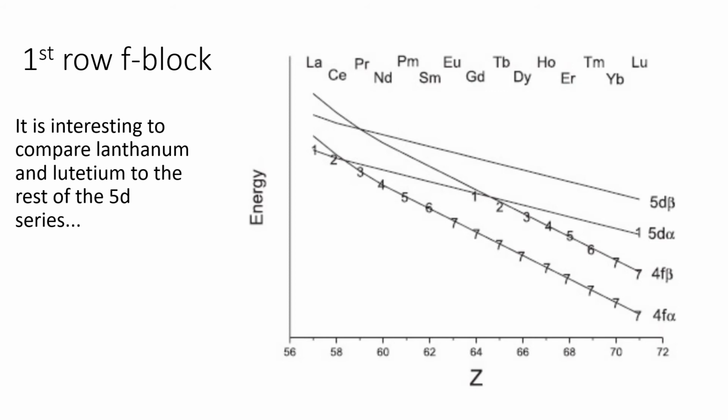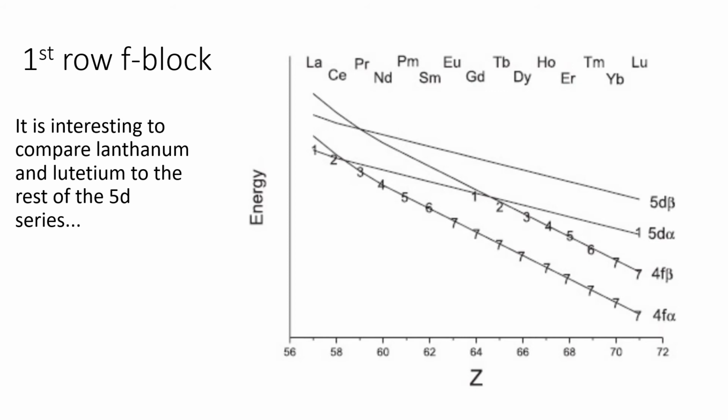Looking at this row of elements, it is quite interesting thinking about the edge between the d block and the f block. Look at lanthanum there. Lanthanum has just one 5d electron indicated in the electron configuration. Now, in actual fact, all of these atoms have 6s2 associated with them as well. It's just not included in the diagram.